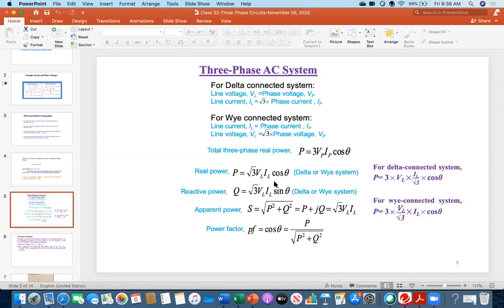Voltage and current are always expressed in terms of line quantities, like line to line voltage or line current. Hardly is the phase quantity mentioned. Because in real practice, everything goes in terms of line to line voltage or line current, it is convenient and preferred to use this equation instead of that equation.